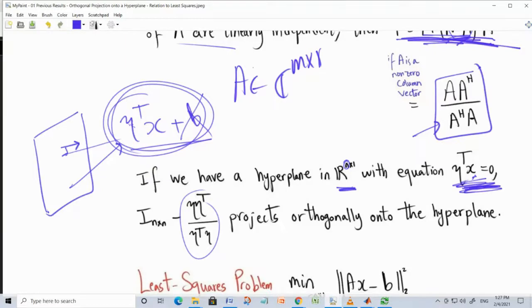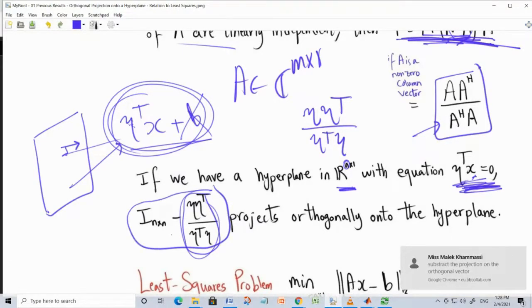If you want to project onto a column vector, a matrix with just one column, the orthogonal projection matrix is eta transpose over the L2 norm squared, which is eta transpose eta. This alone will project onto eta, but you don't want to project onto eta, you want to project onto the plane. So the projector to be used here is I minus eta transpose.